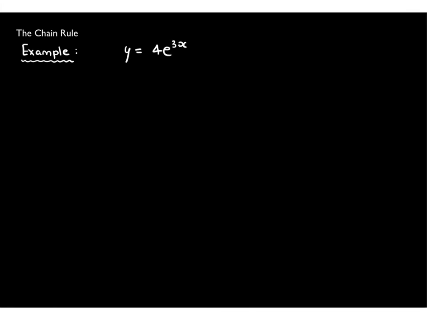Now the first thing that you need to notice is that this is a composite function. Can you see the component parts here? We have x, which is multiplied by 3 to give us 3x. And we then do e to the power of this, e to the power of 3x, and we then multiply by 4.